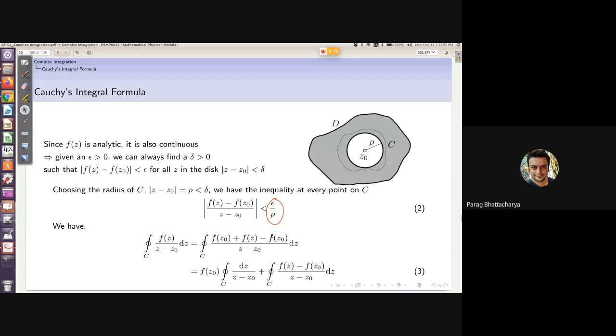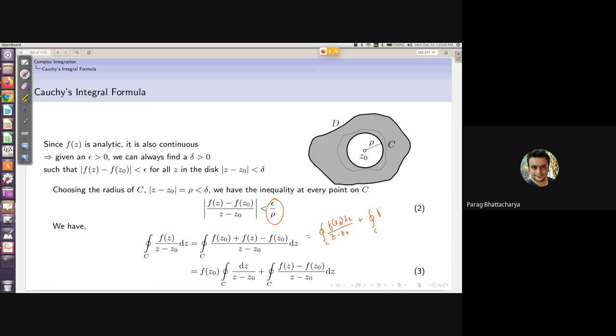One will be the integration of f of z naught divided by z minus z naught, integration over c. The other one will be the rest of the two.